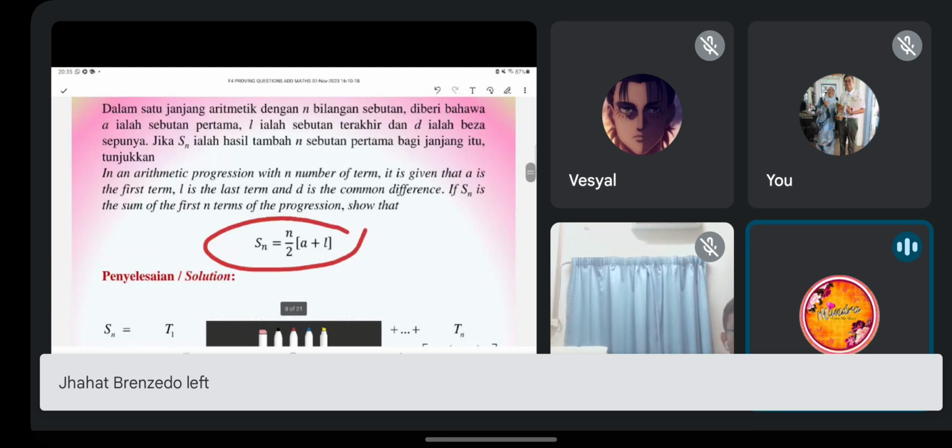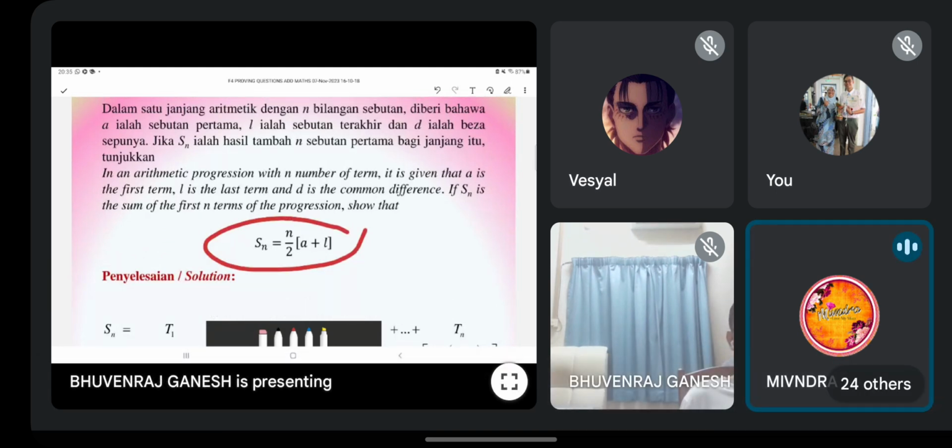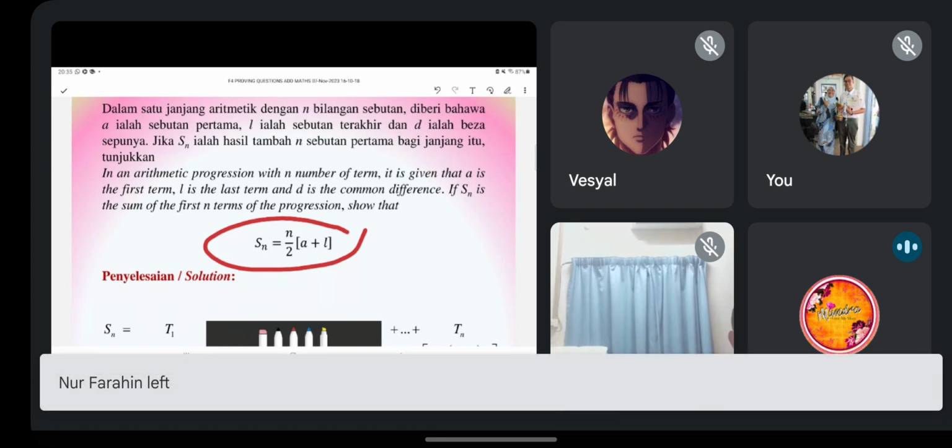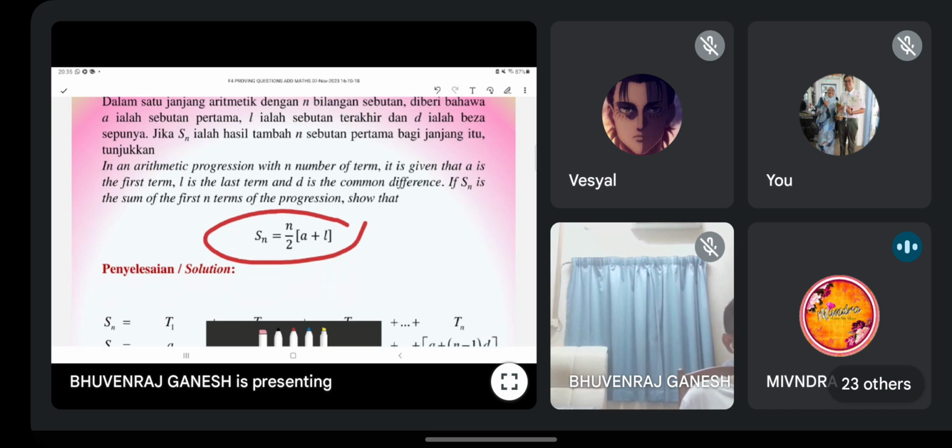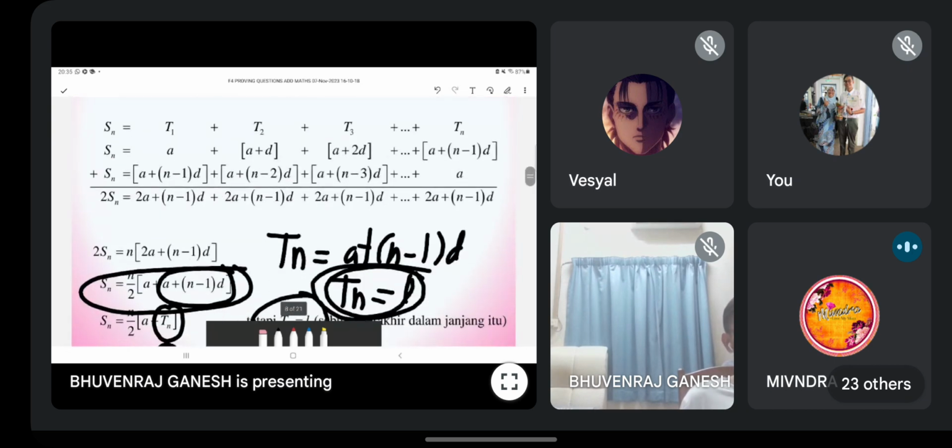Okay, now we hear from Mirindra, in Malay. Ya, untuk formula ni Sn sama dengan n per 2, A tambah L. A tu sebutan pertama and L ialah sebutan terakhir. Di beza sepunya, sebab yang ni janjang aritmetik kan. Masih sama, Sn sama dengan apa, and then senaraikan lah T1, T2, T3, T4 sampai Tn.